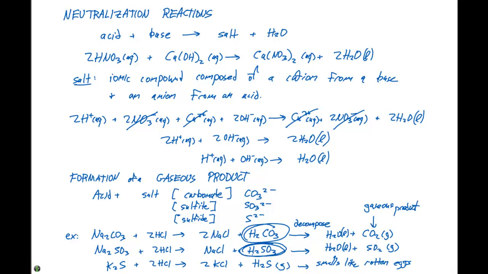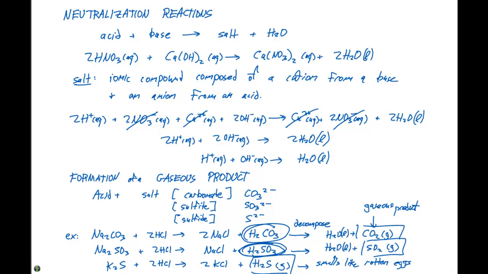So our gaseous products that are produced are H2S, SO2, and CO2. Again, there's usually some type of physical observation that you can see from these gaseous products. In the first two cases, you're going to probably see some vigorous bubbling in your solution. In the last case, the solution is just going to smell awful, like rotten eggs.